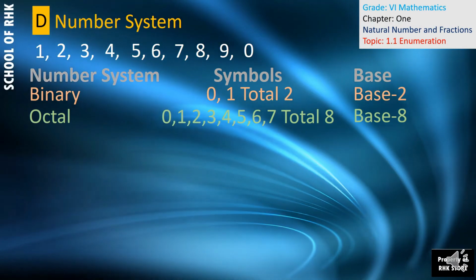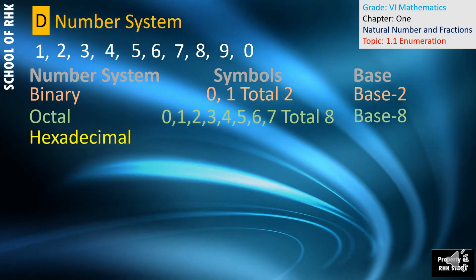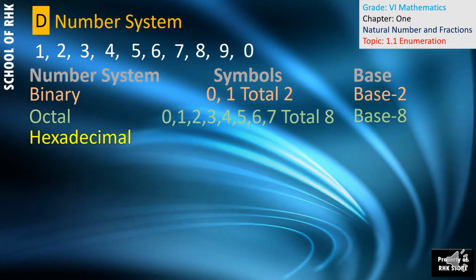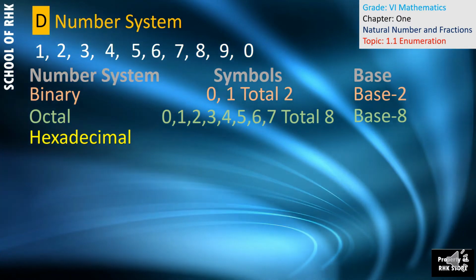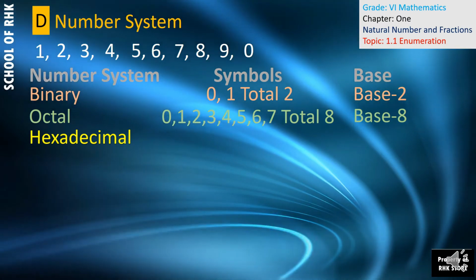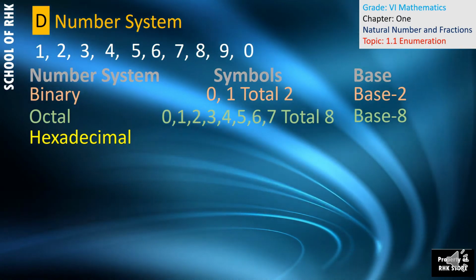The third number system is hexadecimal. There are a total of 16 symbols or digits in this number system.